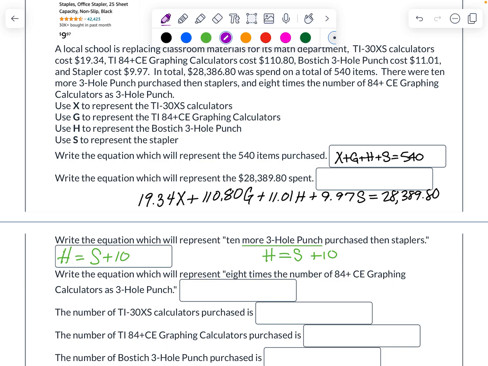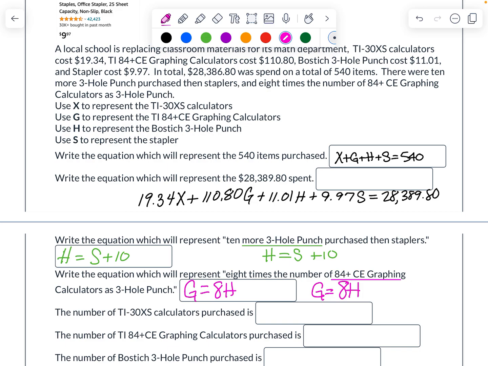And then the other one is: write the equation 8 times the number of graphing calculators as hole punches. There are more graphing calculators, so we would need to take our hole punches and multiply them by 8 to get as many hole punches as graphing calculators. So G equals 8H.